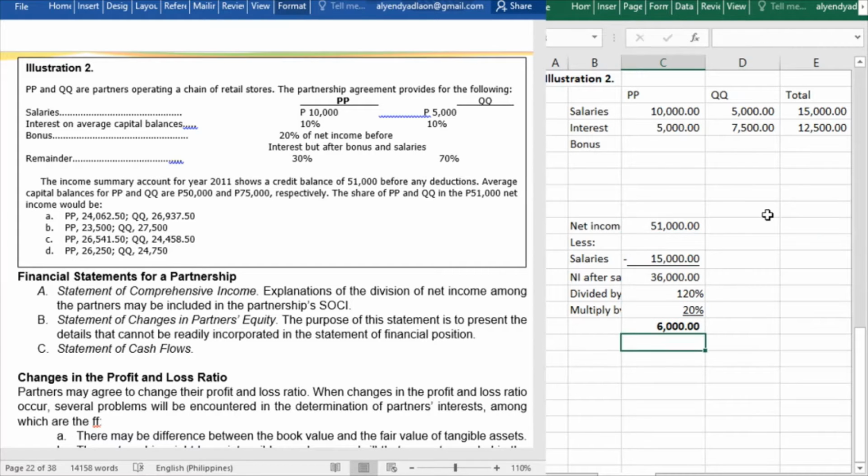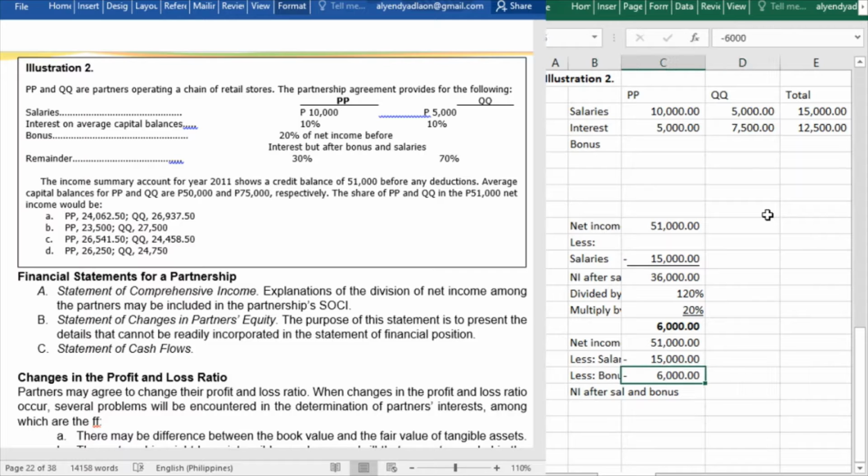So, class, if you're going to check, we have net income of 51,000 less salaries of 15,000, now less bonus of 6,000. So this is already the net income after salaries and bonus, right?